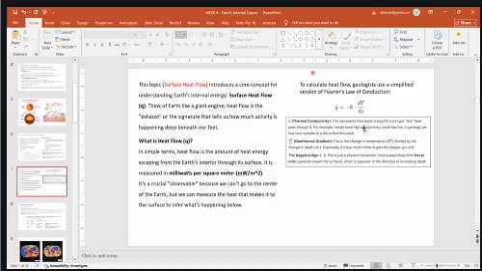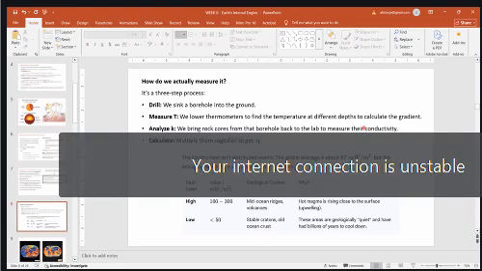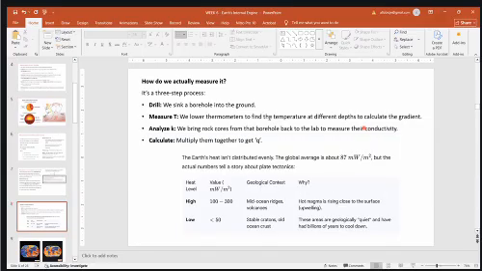So how do we measure it? Like I said earlier, it involves three steps. Drill: we sink a borehole into the ground. Measure: we lower a thermometer to find the temperature at different depths to calculate the gradient. Lab: we bring rock samples back to the lab to measure their conductivity, that is K. That's how we get K. Then we multiply them together, that is K times dT/dZ.